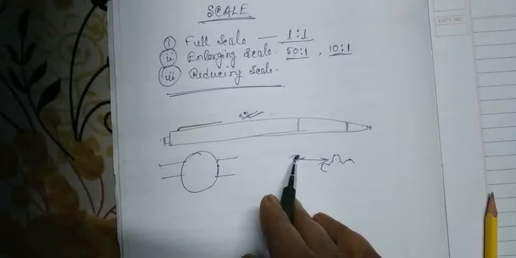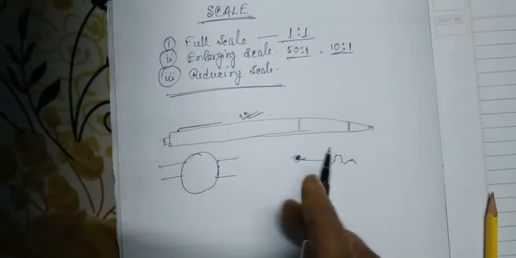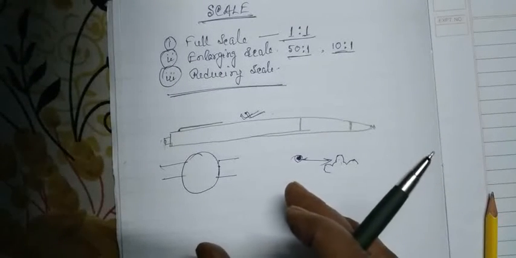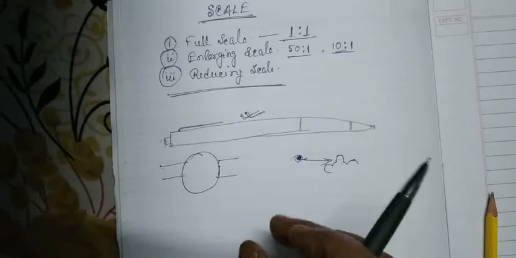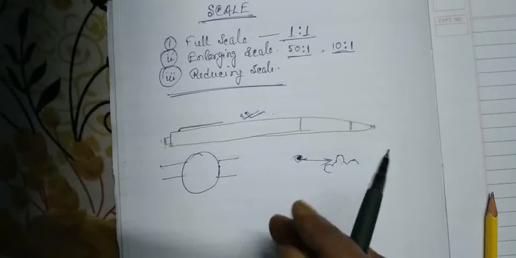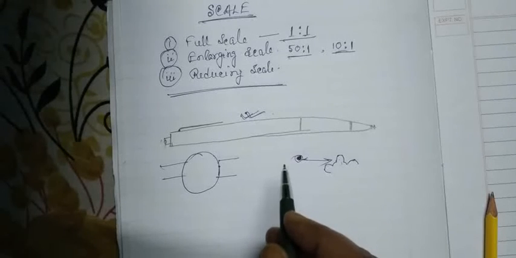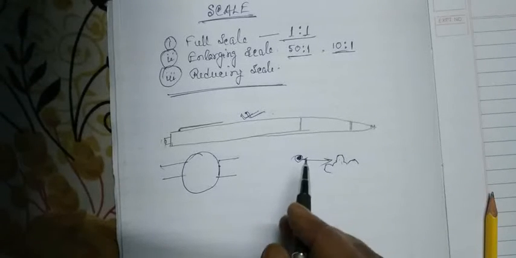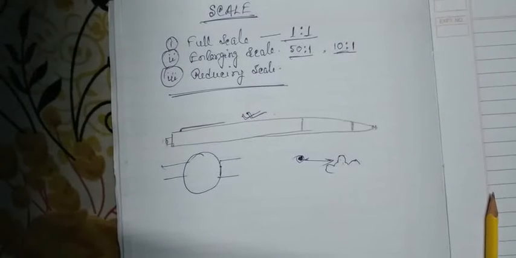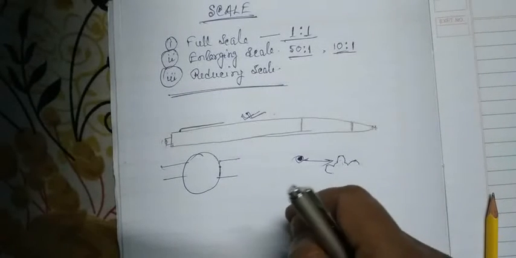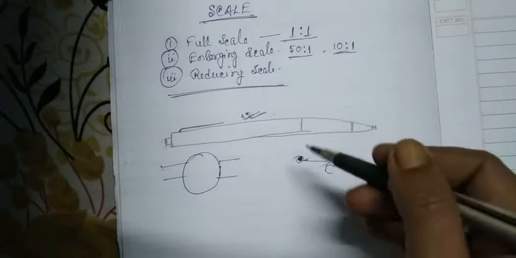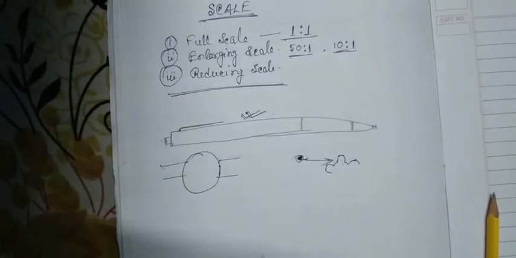So you can see so many parts of a toy, a mechanical toy, or electronic toys. If we want to draw the parts of a toy, they are very small in size.